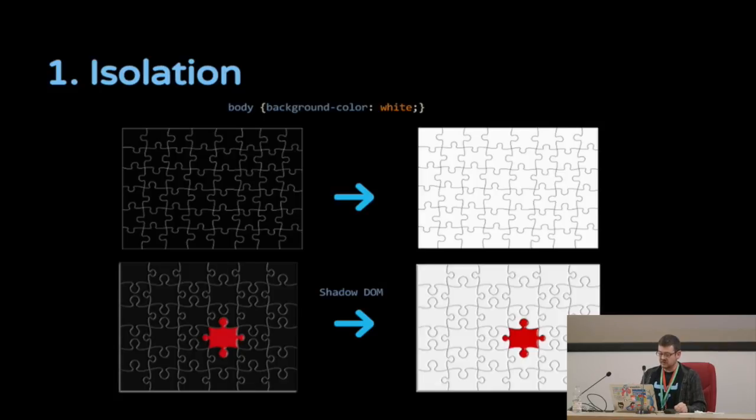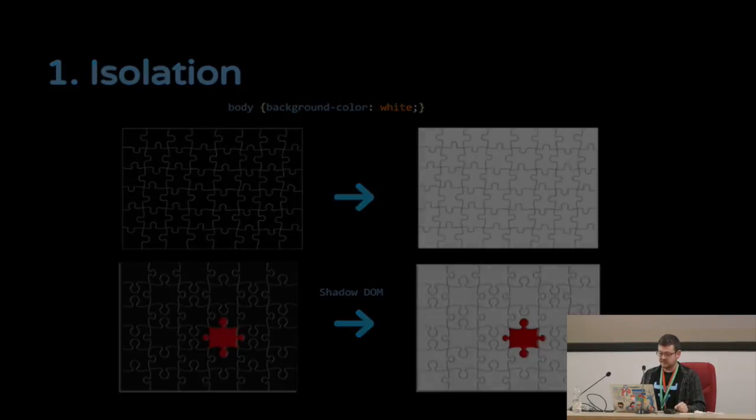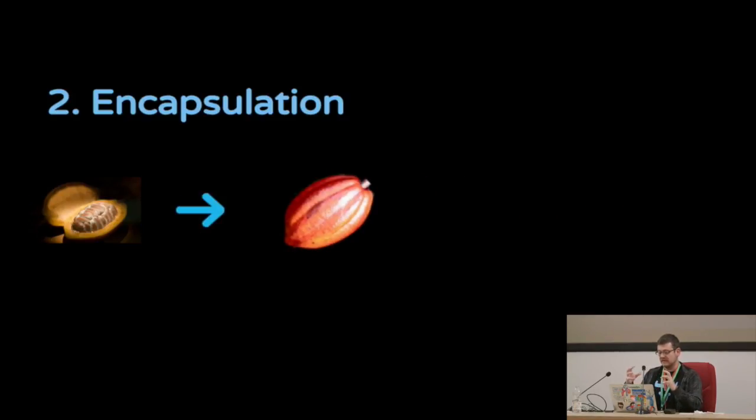But with the Shadow DOM, it guarantees that your web component is isolated. Thanks to this isolation, you can encapsulate: you can hide all your implementation in your web component and offer a reduced API to the world.